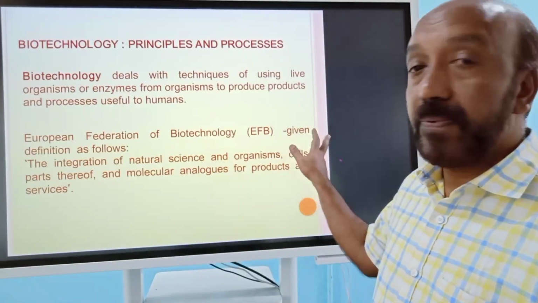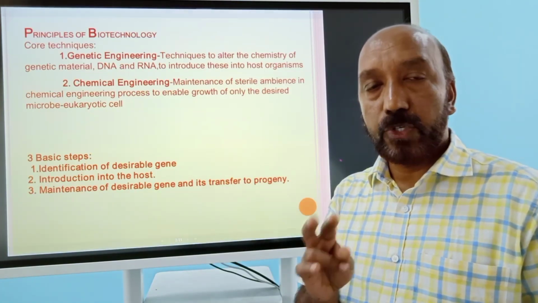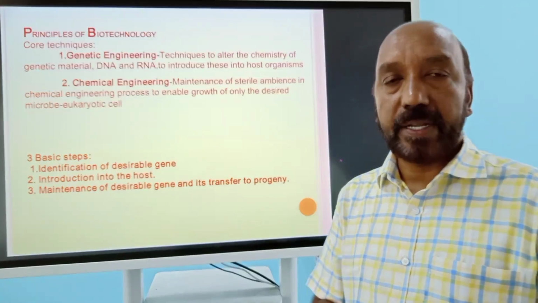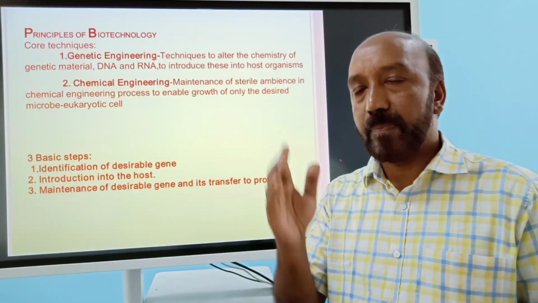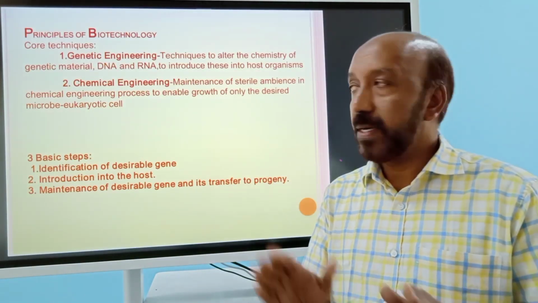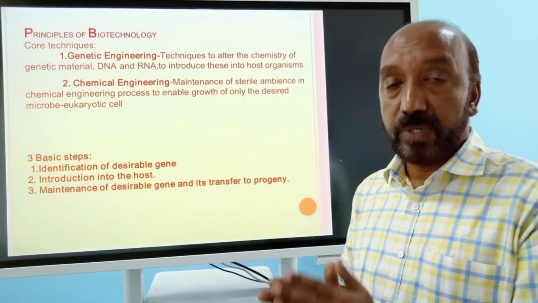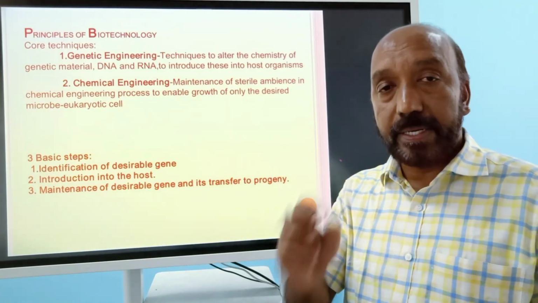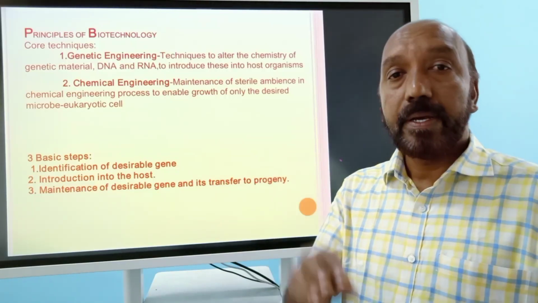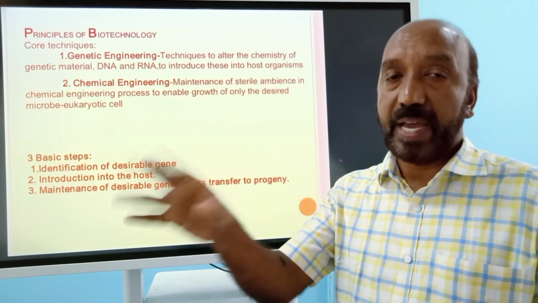Coming to the principles of biotechnology, there are two core techniques, two major branches, that enable the birth of biotechnology. One is called genetic engineering, another is chemical engineering. In genetic engineering, we use all the techniques for altering the genetic material of an organism, either RNA or DNA, and inserting that altered gene into the organism.